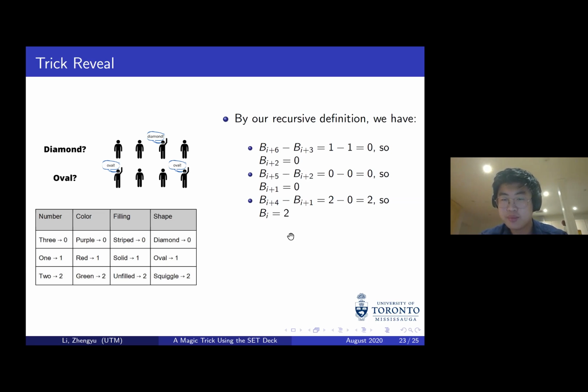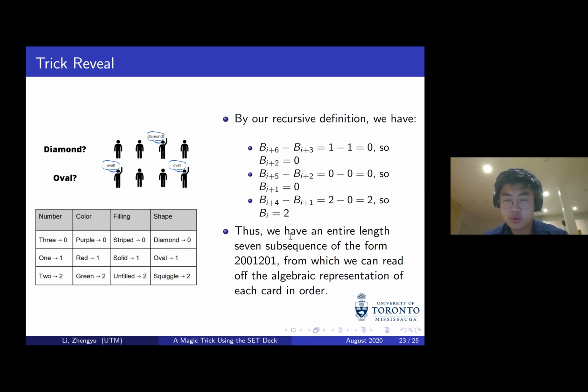And we'll do the same thing for the rest of them. And b_i plus 1 will be 0, and b_i is equal to 2. So in that way, we have obtained the entire 7-digit subsequence of the form 2001201. And at this point, we can read off the algebraic representation of each card in order.